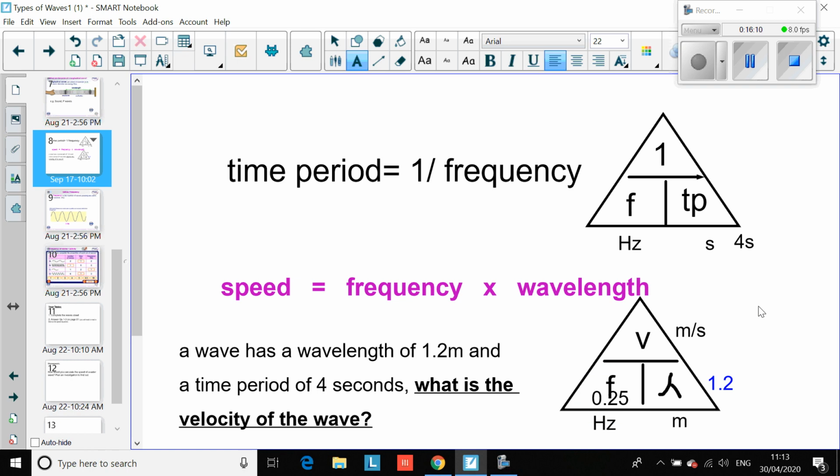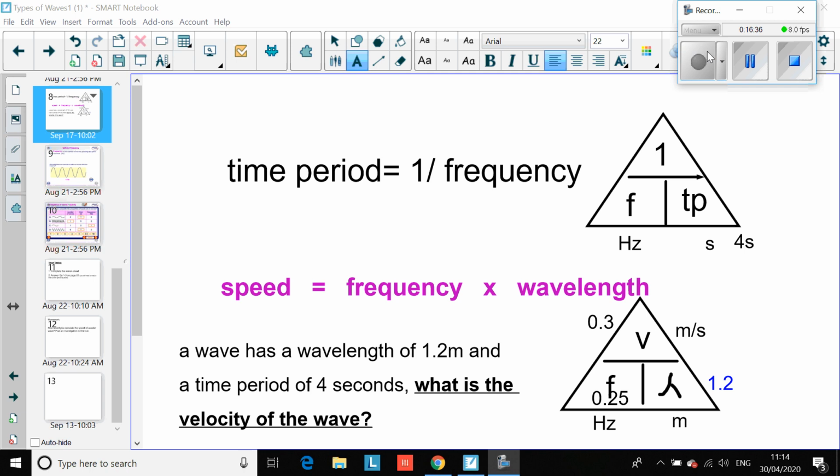Well, you probably might need a calculator for it. I know I do. 0.25 times 1.2, which gives us a wave speed of 0.3 meters per second. Okay, so that's an example of how you would do this. So once again, pause the video and give that a quick go. Or just copy that down so you've got an example.